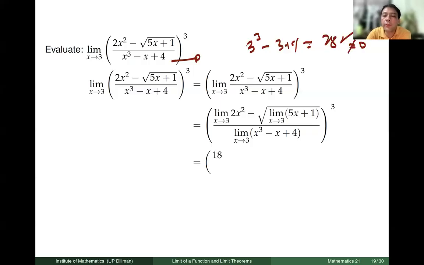Minus yung inside the radical, you get 15 plus 1. So, this one is 16. Positively valued naman siya. So, you can get the square root of that. It's 4. Denominator is just 28 cubed. So then this is 18 minus 4 is 14 over 28, which is the same as 1/2. Cubed is 1 over 8.